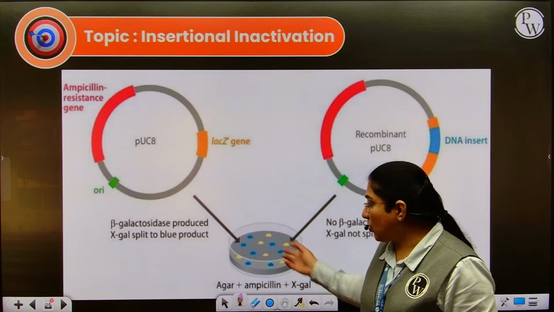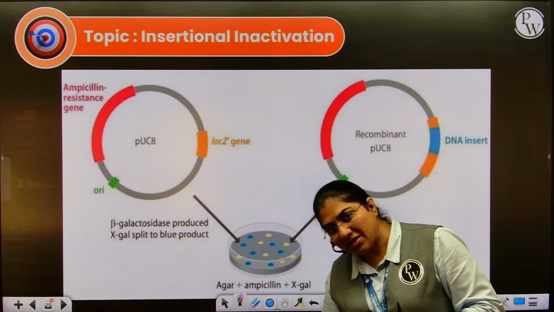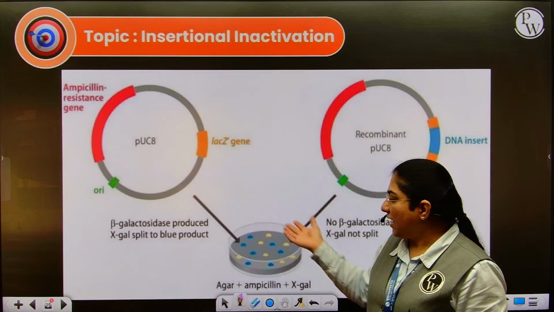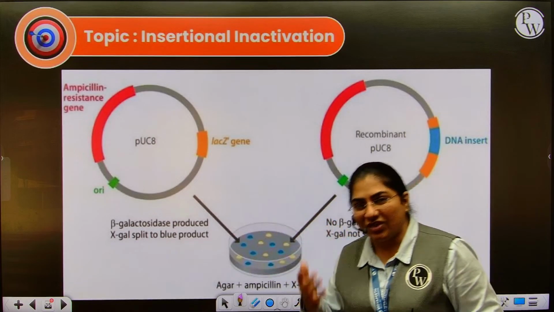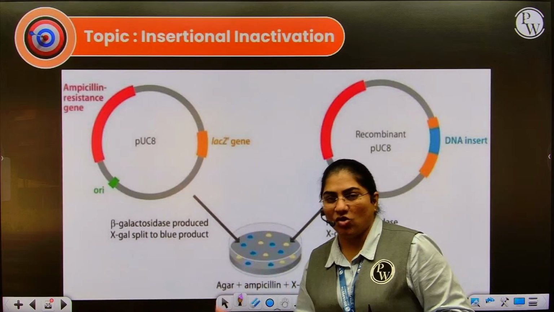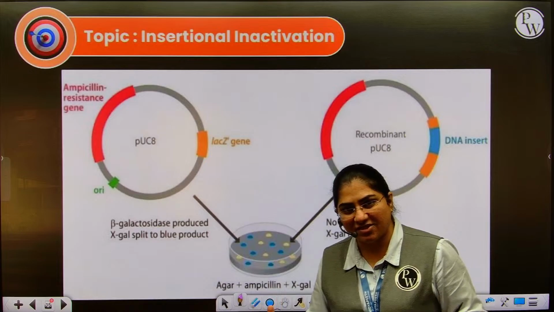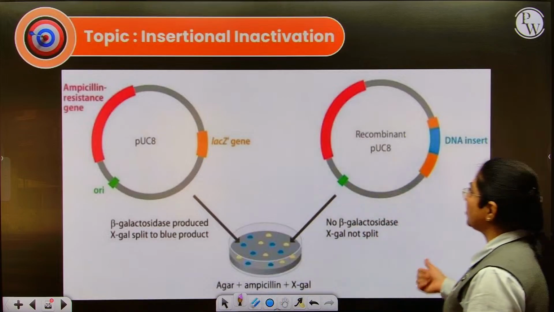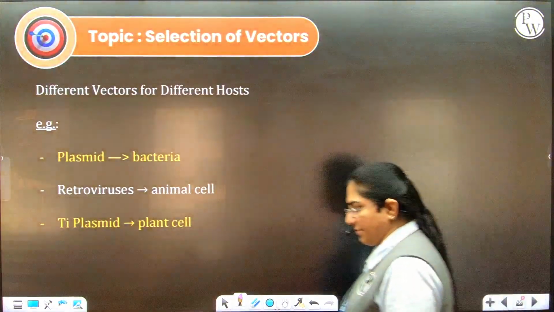Hence, using a chromogenic substrate, that is a color-producing substrate, I can identify a recombinant from a non-recombinant without killing the host which has my gene of interest. Isn't this exciting? This is how I can use a chromogenic selectable marker.